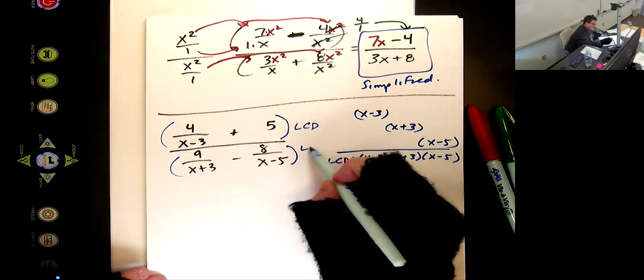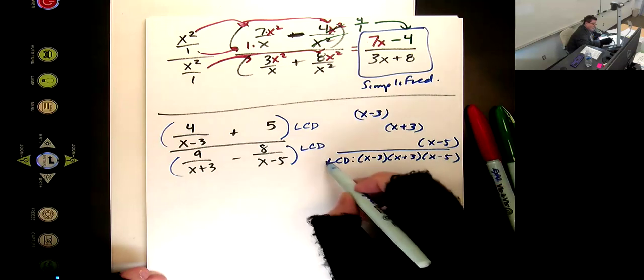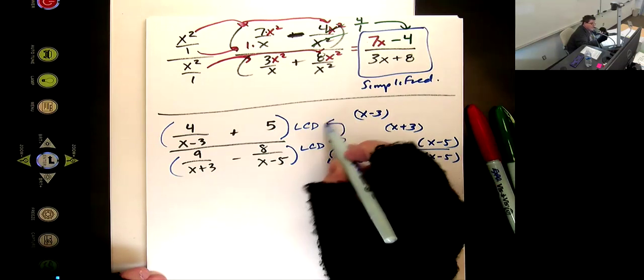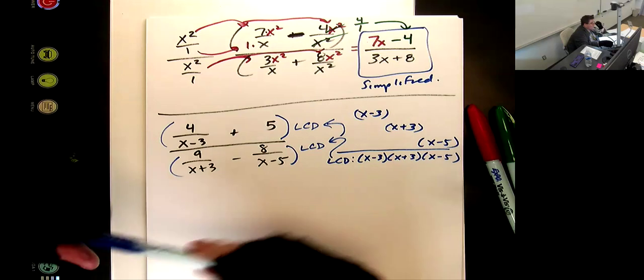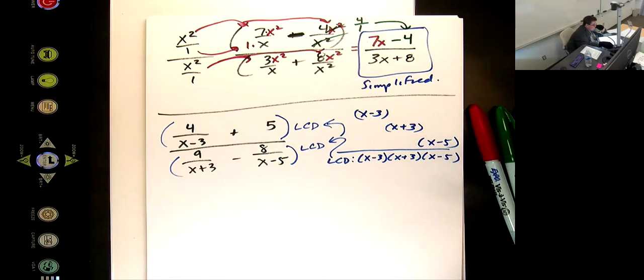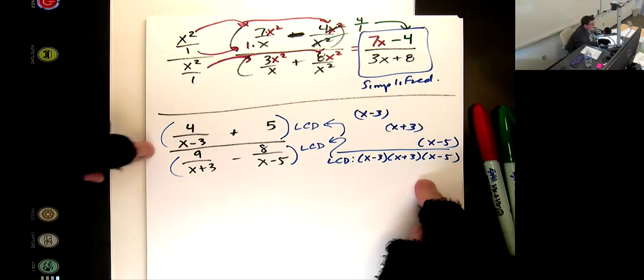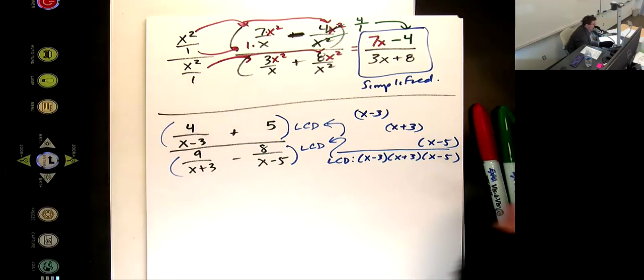And since it's a lot to write, I'm just going to say we're doing it there. I don't recommend multiplying it out, because we're doing this so that we will cancel out the ugly stuff.